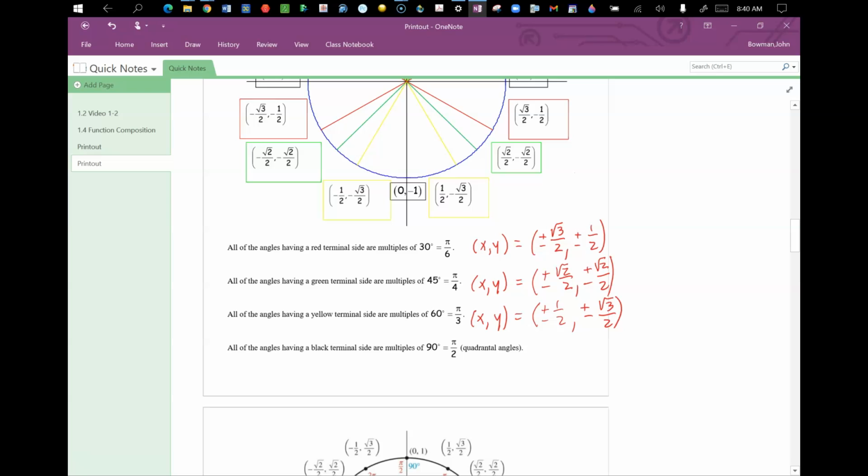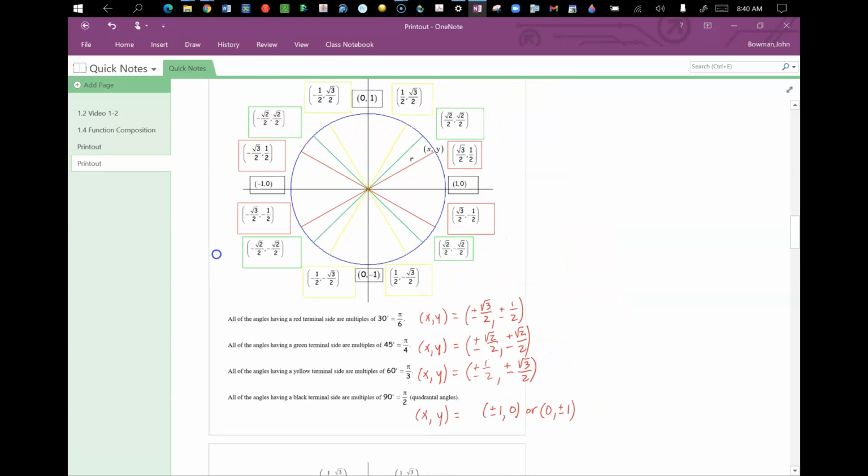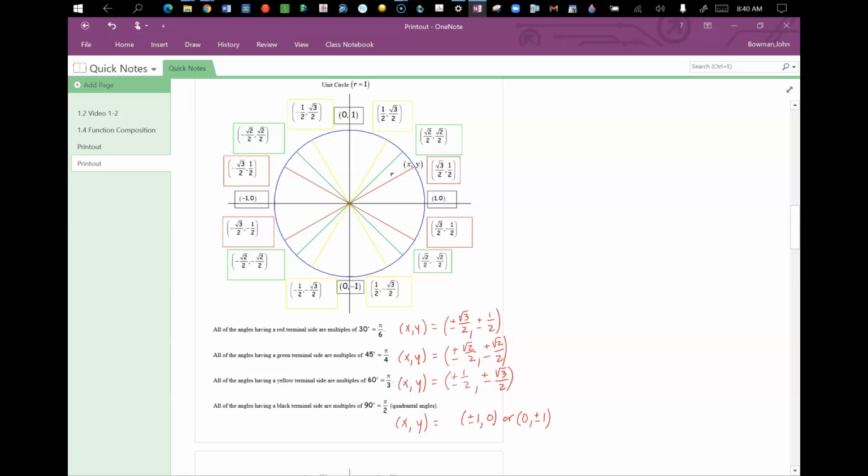And then finally, the quadrantal angles, the multiples of 90 or pi over 2, the x, y coordinates are either plus or minus 1, 0, or 0, plus or minus 1. And again, that's the reason that we use the unit circle, because then it makes the sine and the cosine of the angles that we're interested in equal to the x and the y coordinates.